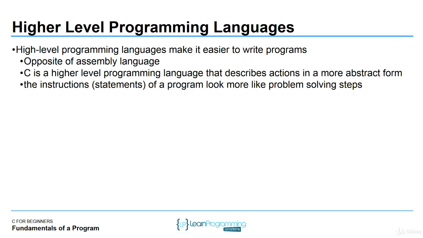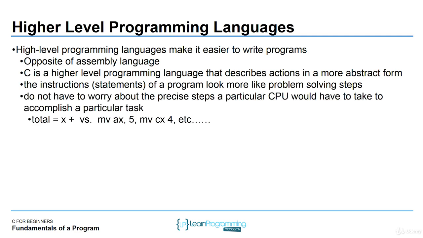If you were to look at an assembly language, what you're going to see is move commands with registers, with numbers, basically just numeric statements. And by using a higher level language like C, you don't have to worry about any of this. You don't have to worry about the instruction set. You don't have to worry about assembly language statements. So it's much more efficient and much easier to solve problems.